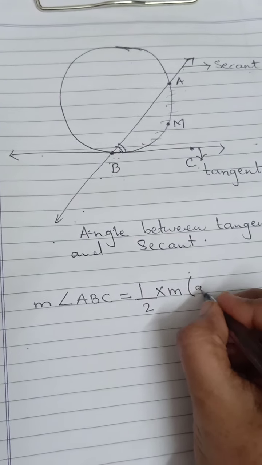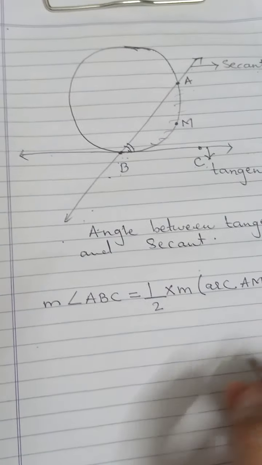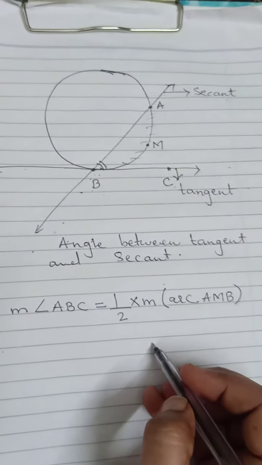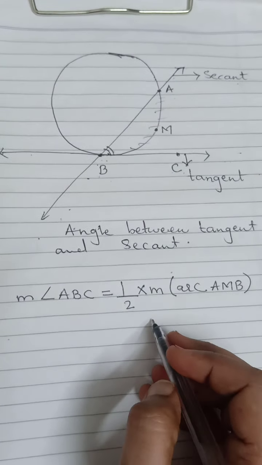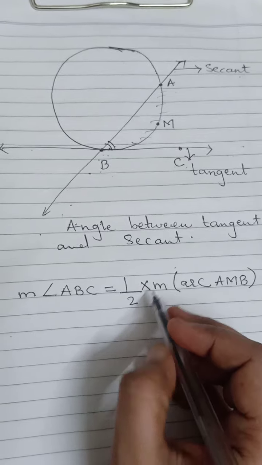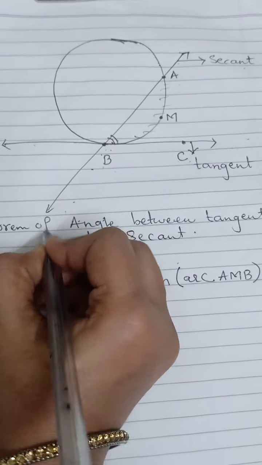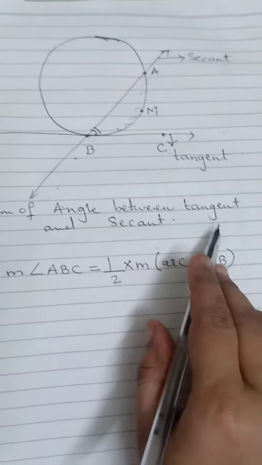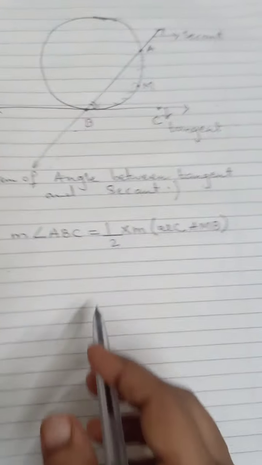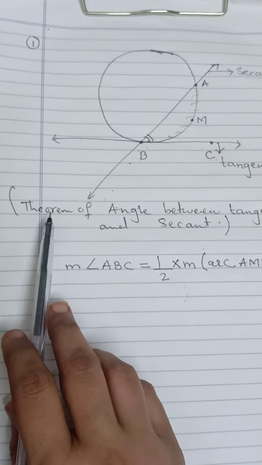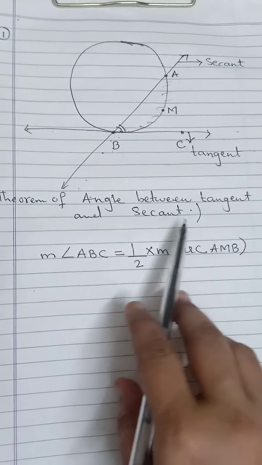So here we will write measure of arc AMB. This is the property we are going to use for solving the sums, and whenever you use this property, we have to mention the reason: theorem of angle between tangent and secant. So this is the reason you have to remember. Whenever you use it, you have to write the reason, theorem of angle between tangent and secant.